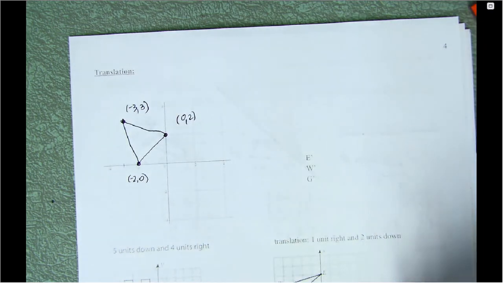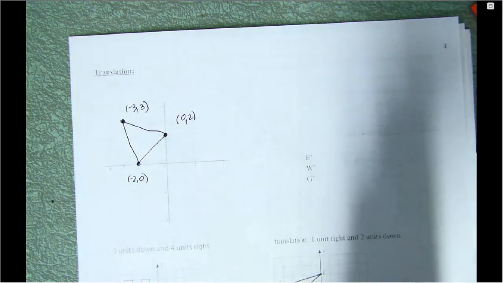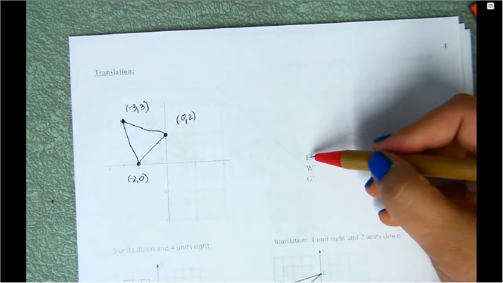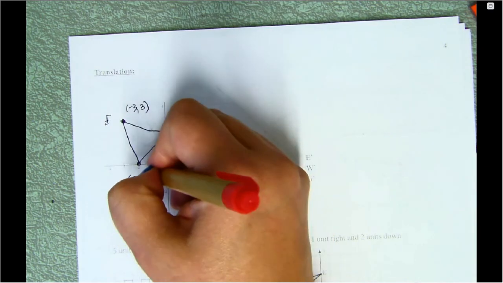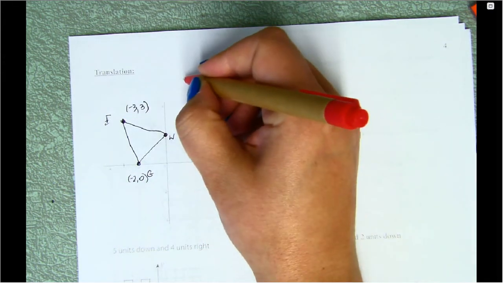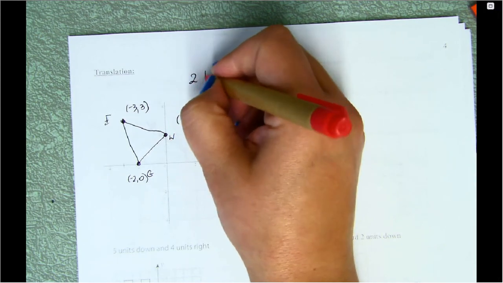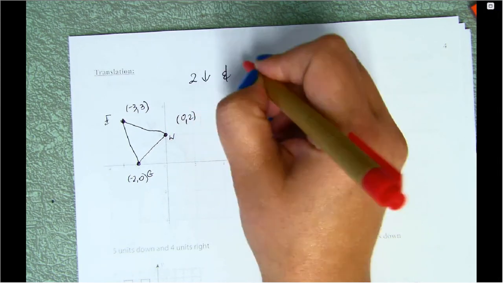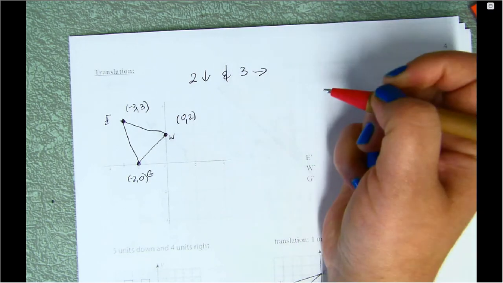Now this is translation. Let's say they want me to move the triangle EWG. They want to move it 2 units down and 3 units to the right.